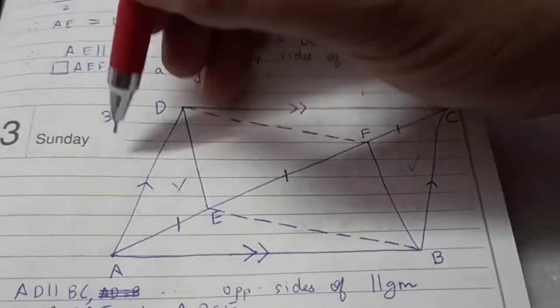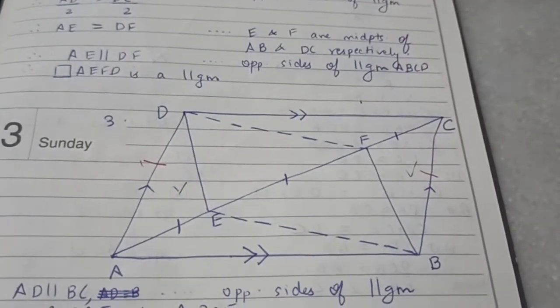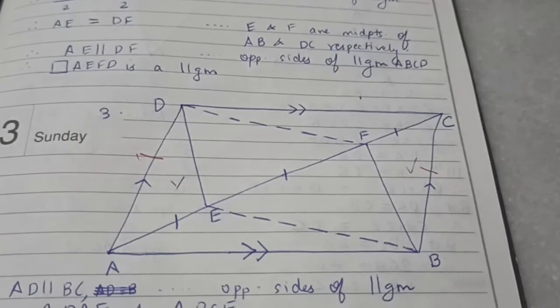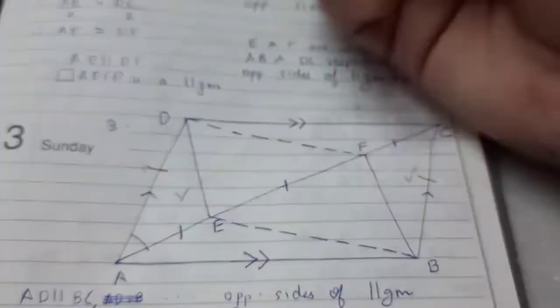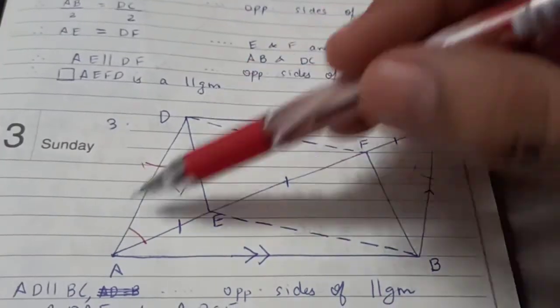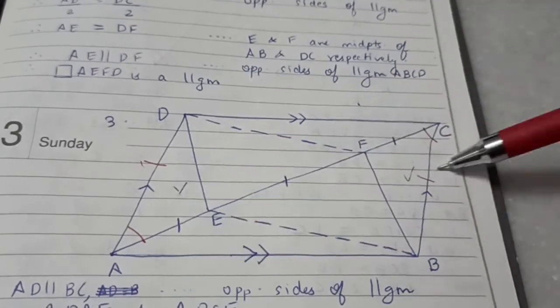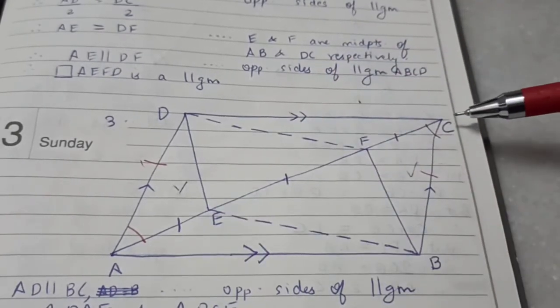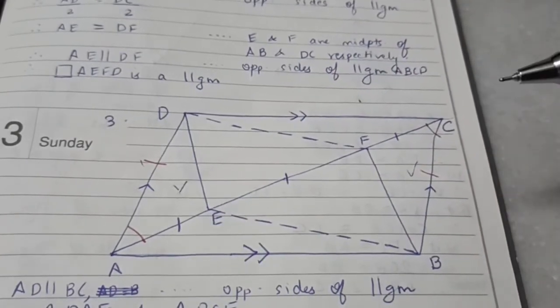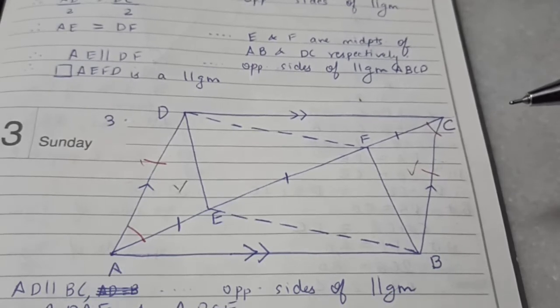So we've got side equal to side, opposite sides of the parallelogram. Then I've got this angle equal to this angle. It's forming a Z, as you can see. So these are alternate angles, and DA parallel to CB. Always mention the parallel sides, the parallel lines also.